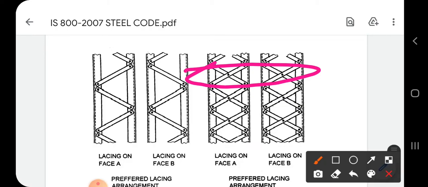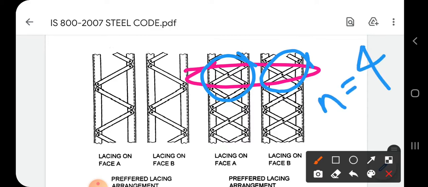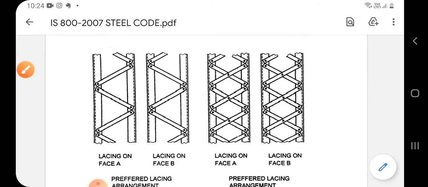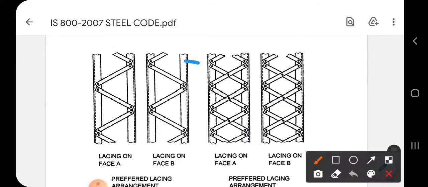On this side of the column there are two lacing bars, and similarly on the other side there are two lacing bars. Thus N is equal to 4 in a double lacing system, and N is equal to 2 in a single lacing system.